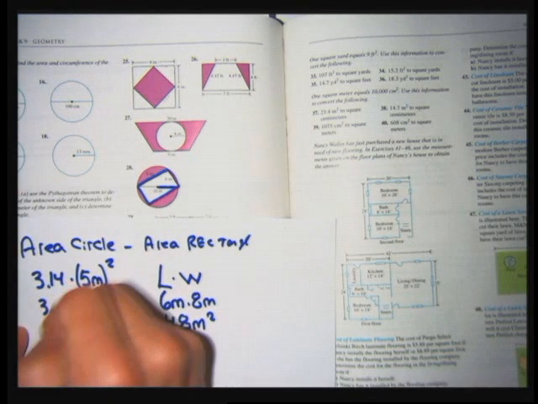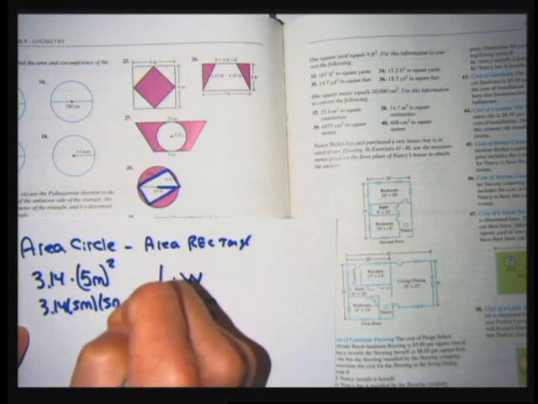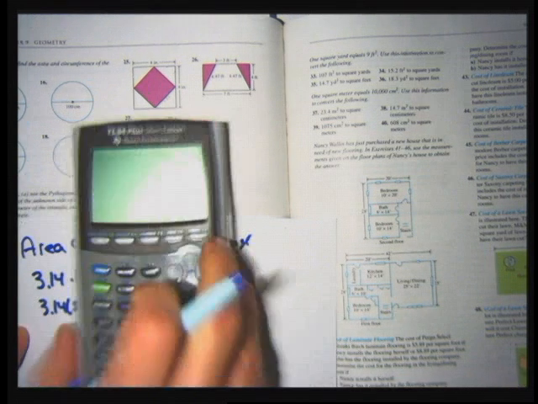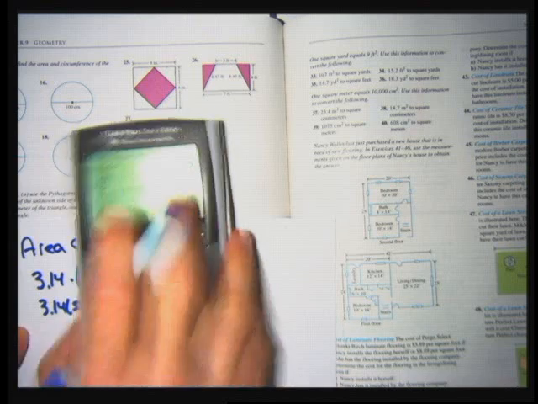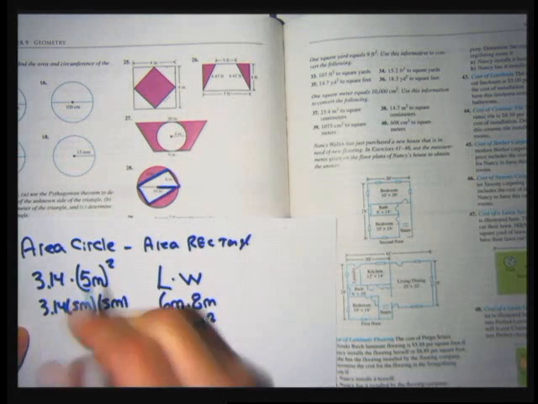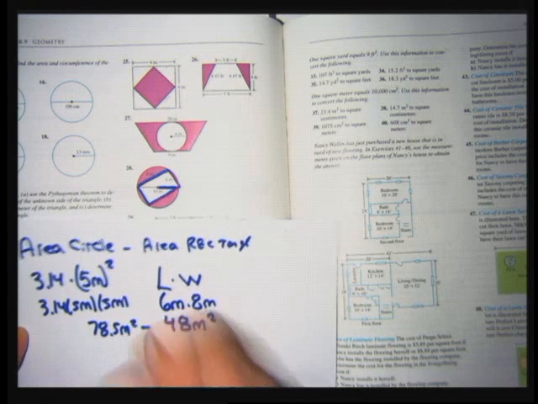So this is going to be 3.14 times 5 meters times 5 meters. As I do this, I get 3.14 times 25, I get 78.5, and I'm going to write square meters. So the area of the circle is 78.5 meters squared.